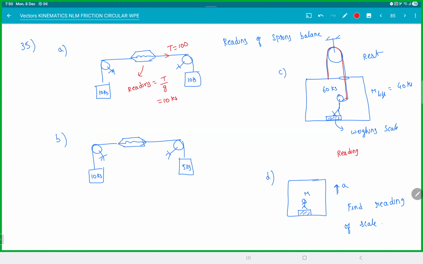How do you do this thing? You just have to find the tension here. Let this be T, let this be T. If you think about it, this is actually an Atwood machine.